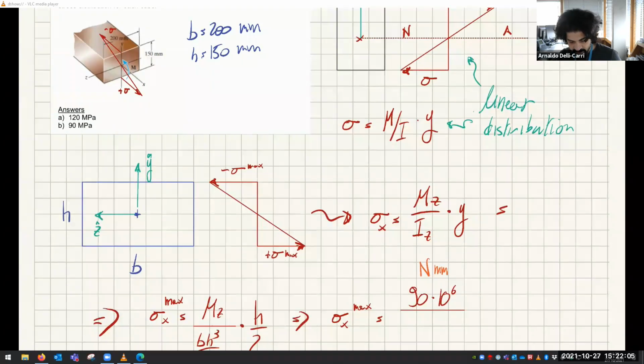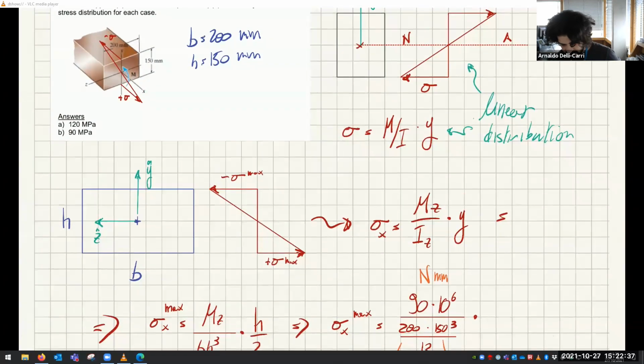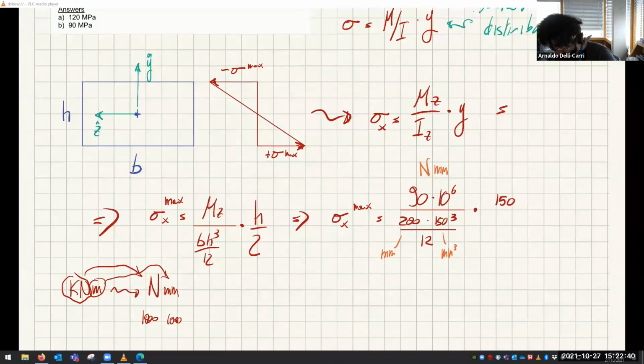So it's 200 times 150 cubed divided by 12, and this is millimeters cubed, times h divided by 2, 150 divided by 2, and this is also millimeters.